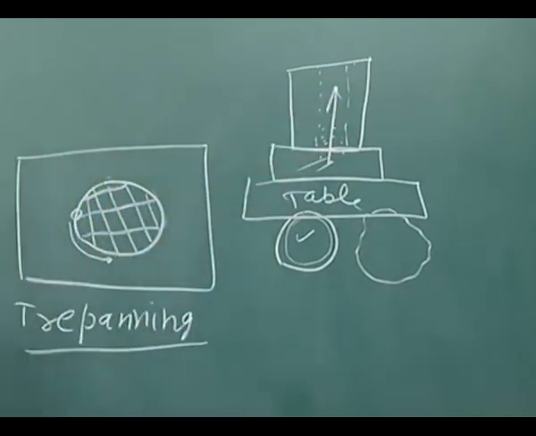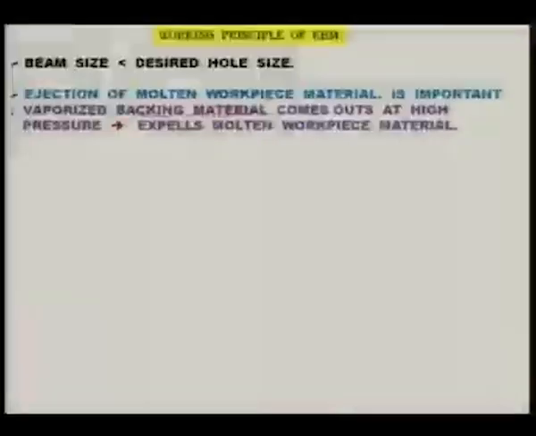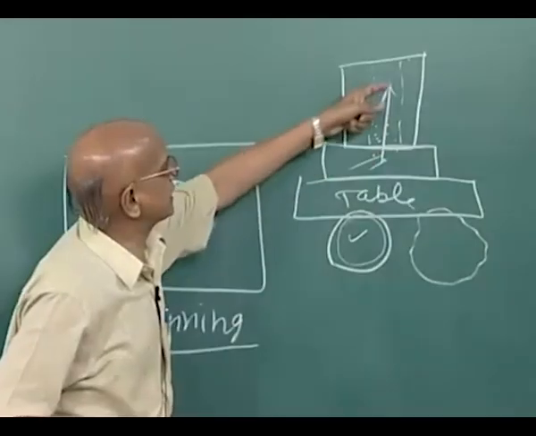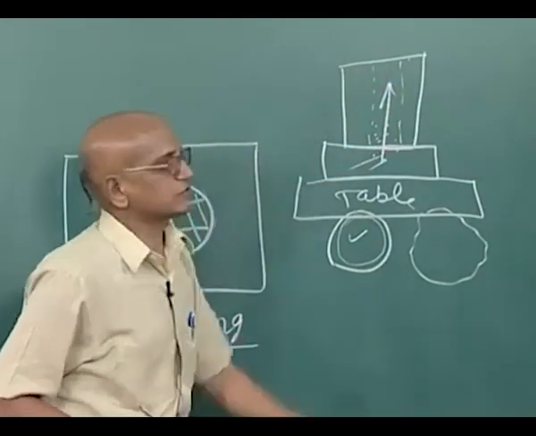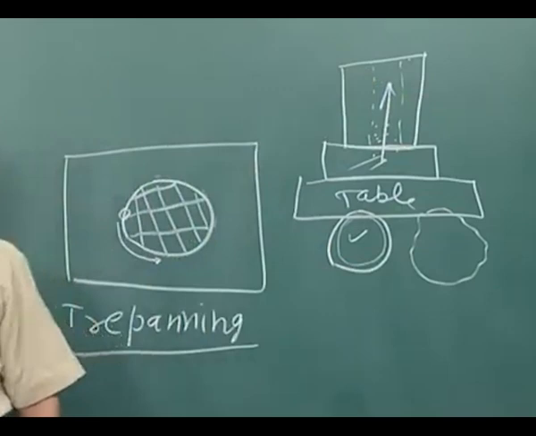For this purpose, as you can see here, the backing material is very important. It is used so that molten and vaporized material comes out of the hole, and you can take out the workpiece and get a clean through hole.